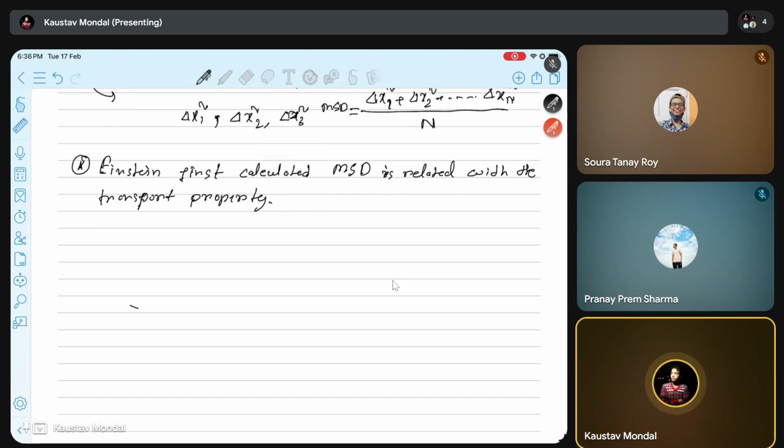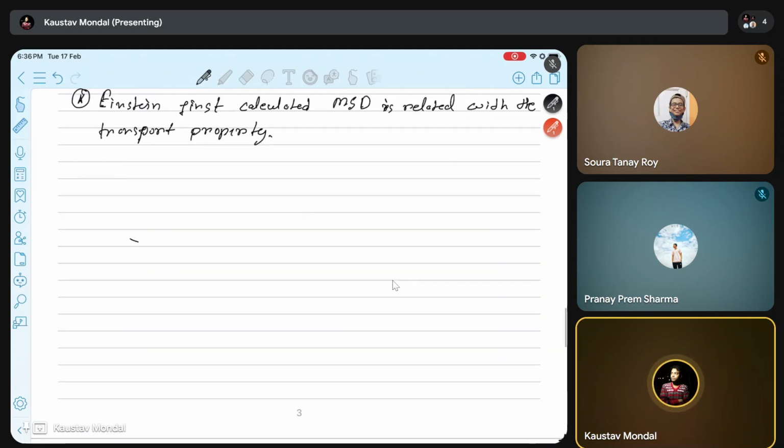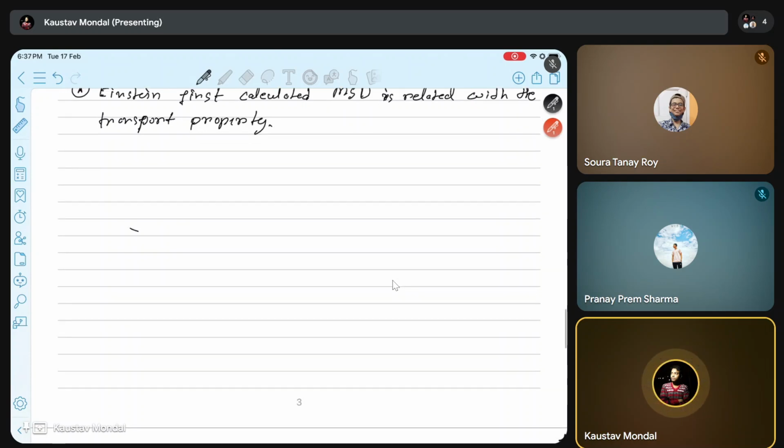In order to derive that, he considered 1D movement of Brownian particles. Let's suppose the particle can move along the x-axis only, not in the y-axis.